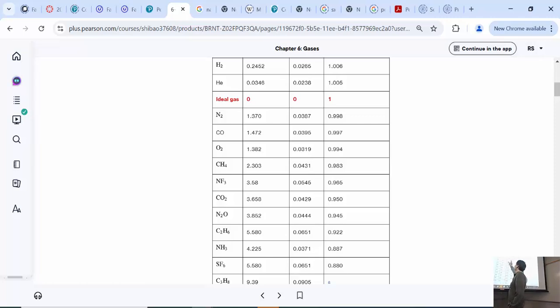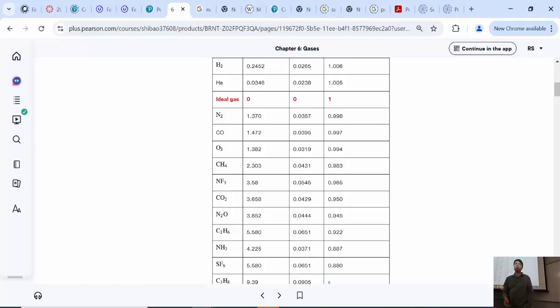But anyway, what we're going to do is call everything ideal. We assume everything's ideal, but we know that a calculation with something like SF6 or H2O is going to yield a bigger error, so I can't have as much confidence in my answer as I would with helium. If I did helium, or nitrogen or oxygen, I have a lot of confidence in the answer. Does that make sense?